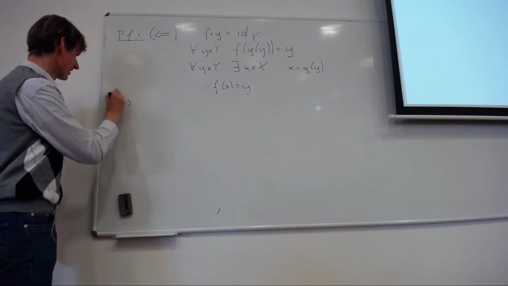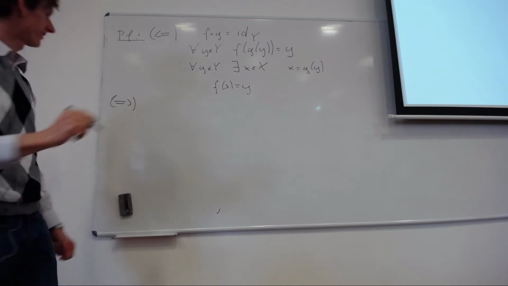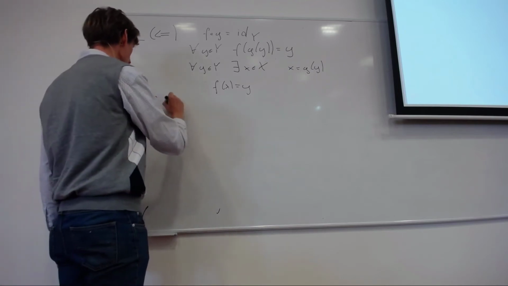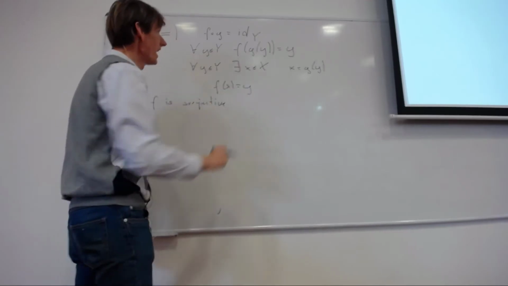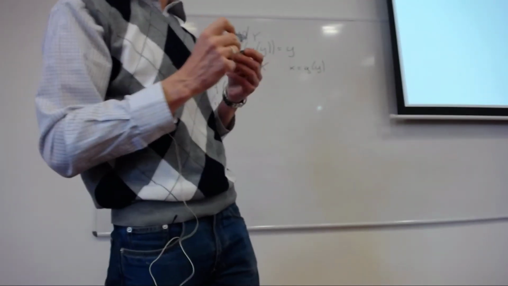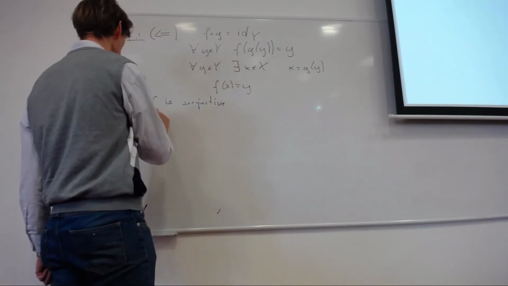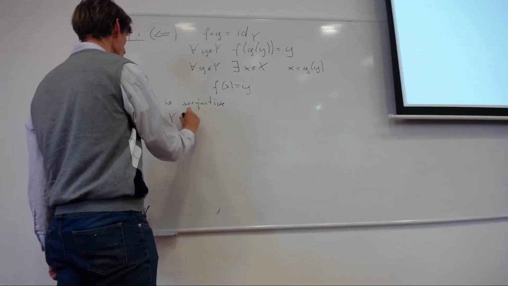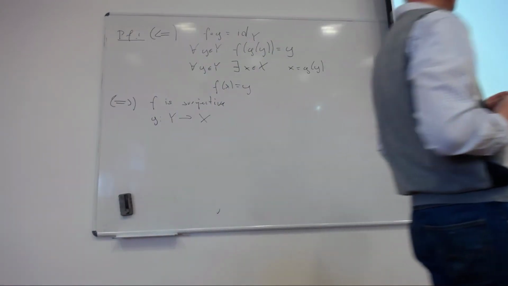So let's see what happens if we go the other way. Let's assume that f is surjective, and let's try to construct this function g that would go from Y to X and would be the right inverse of f.